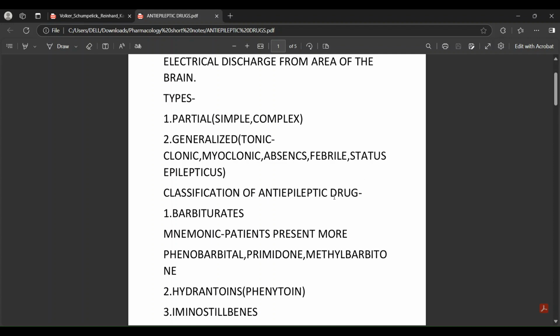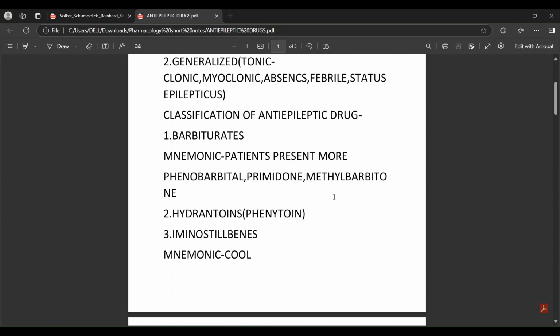And classification of antiepileptic drugs, actually, we classify according to drug class, but it is better to remember according to mechanism of action and examples of the drugs. However, for drug classes, first we use barbiturates.